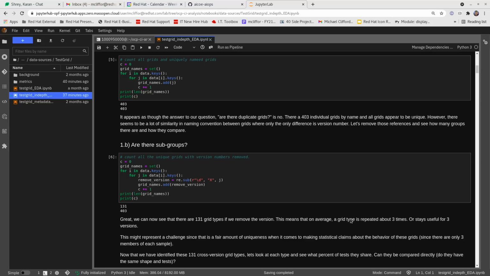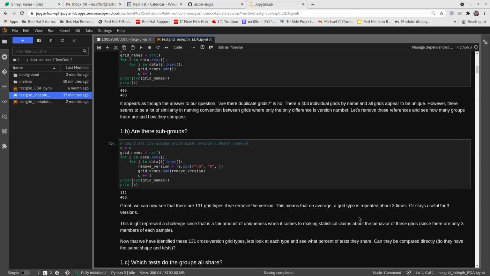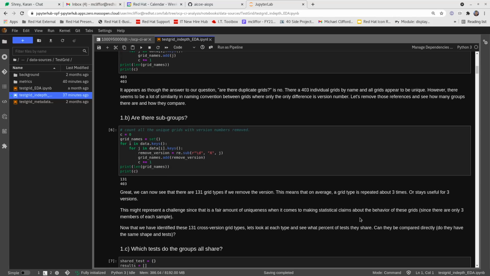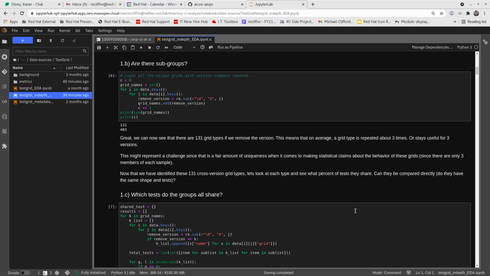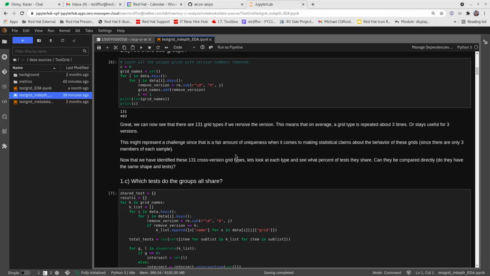However, they do have a lot of similarity in their naming convention, and sometimes the only difference is the version number. If we remove the version number from the naming, we then get 131 unique names out of 403. So in this case, it seems like on average, if you ignore the version, a grid is repeated about 3 times.